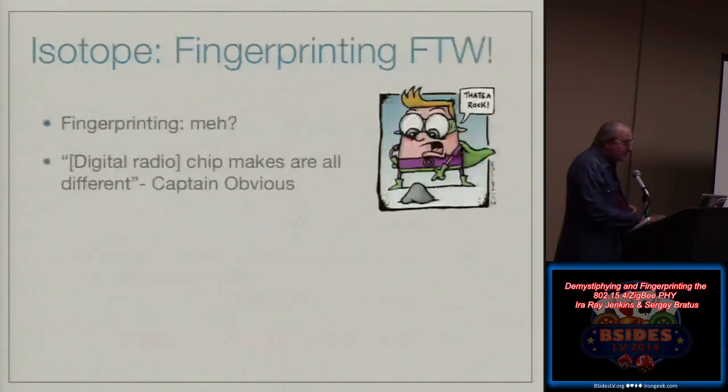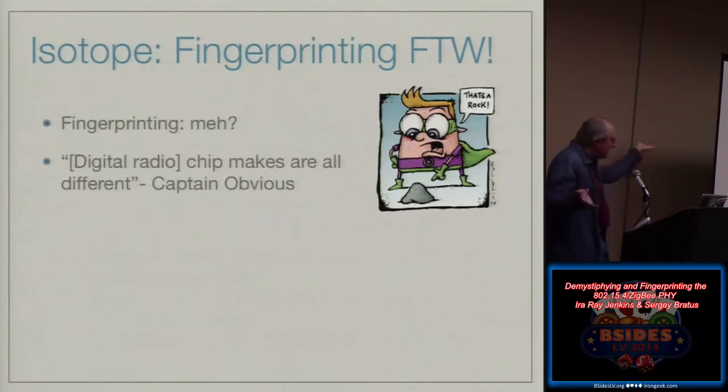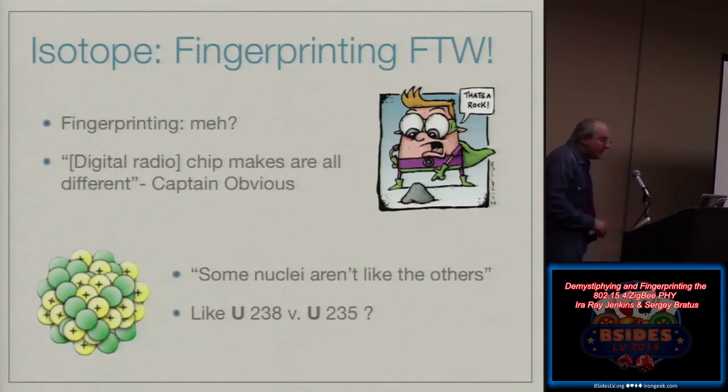And so we had this argument with Travis. He's like, fingerprinting, meh. You know, here's your Captain Obvious, right? A rock is a rock, great. And of course radio chips are all different. And then you sort of think, well, who else looked at how basic chemical elements are different, right? So there are nuclei, they differ in the number of neutrons that you have.